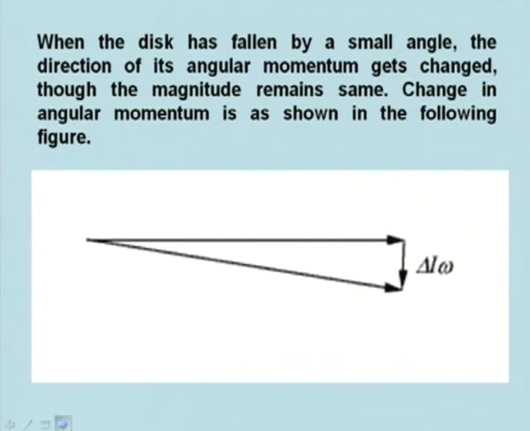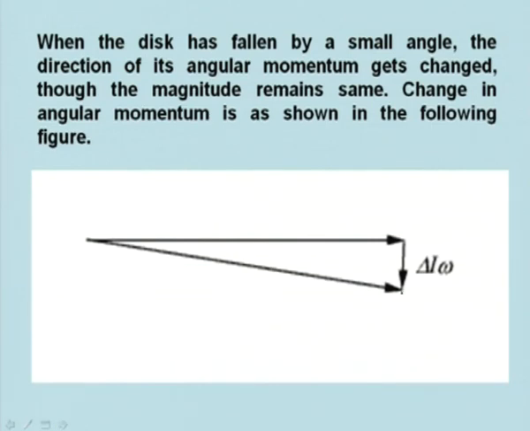When the disk has fallen by a small angle, the direction of its angular momentum gets changed, though the magnitude remains the same. Change in angular momentum is as shown in the following figure.